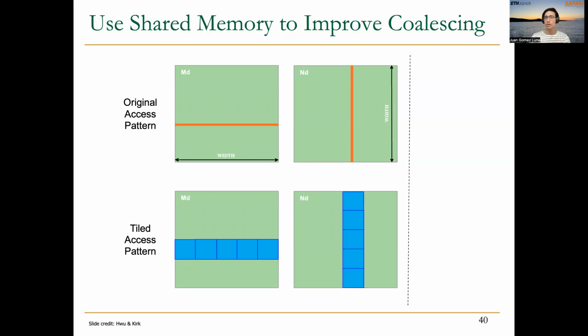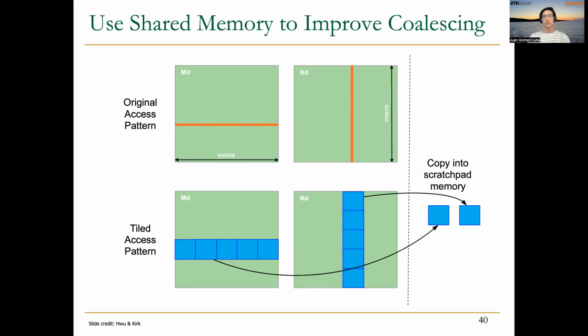Remember that when we operate with matrices, we typically use tile access patterns. We are going to use tiles in the scratchpad memory or in the shared memory. So the first thing that the threads do is go into the global memory, read one tile and place it into shared memory, and then we can perform the accesses in the shared memory directly.